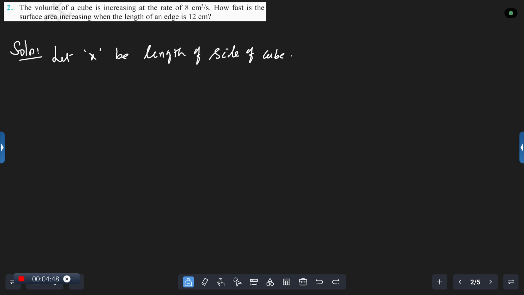Volume of cube is x cube, in cubic units.